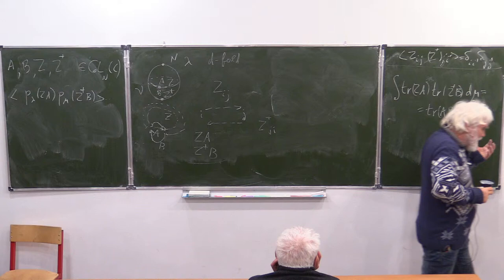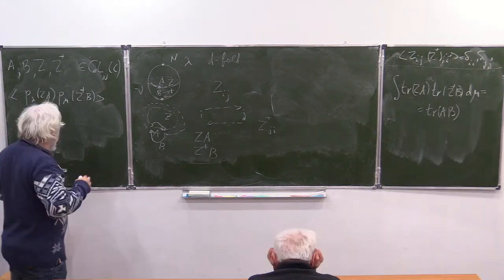If we consider this expectation with the same weight of lambda and mu, then it is not vanishing. It is different if we have more z than z dagger, then we have 0. So it is non-vanishing only for the same weight of lambda and mu.